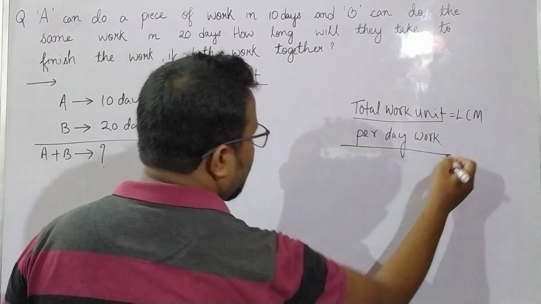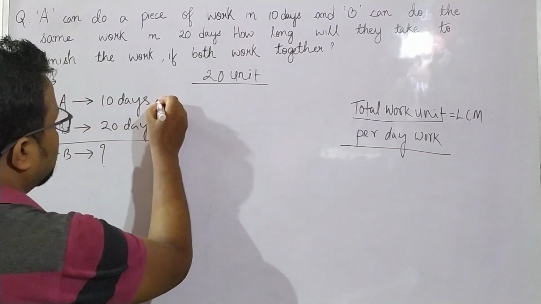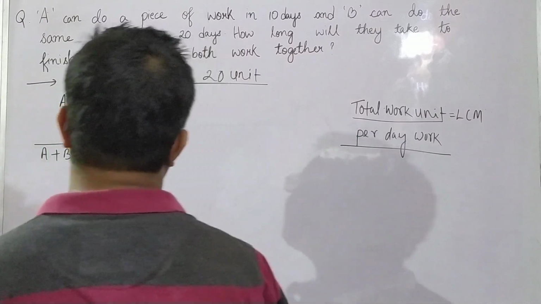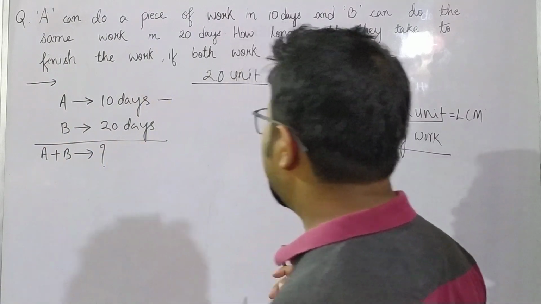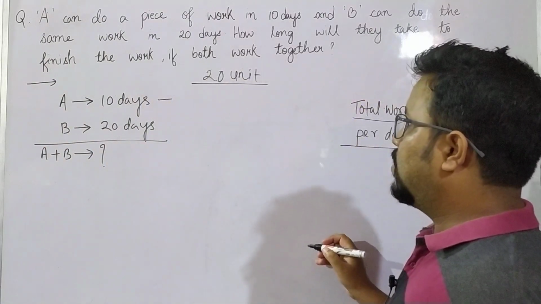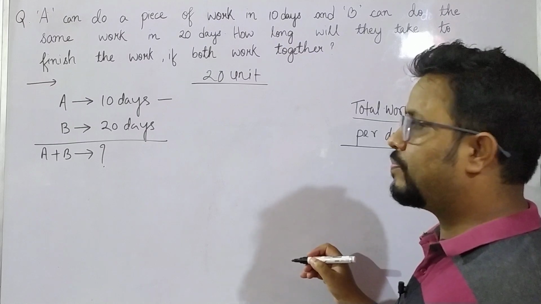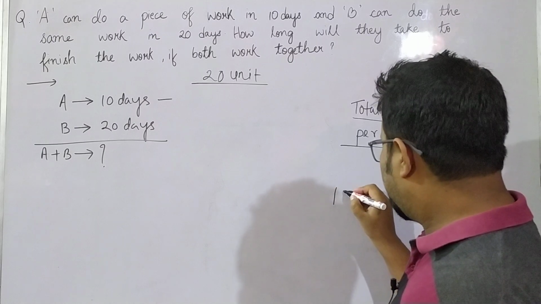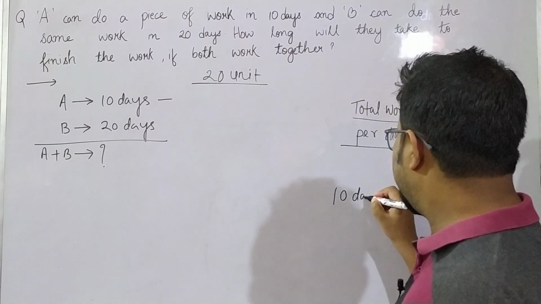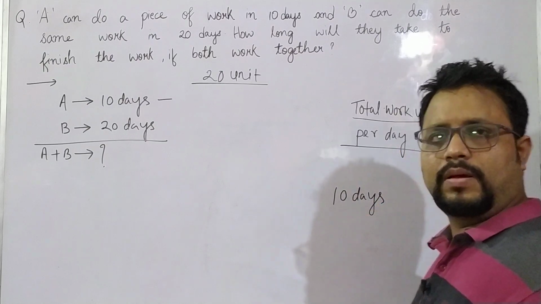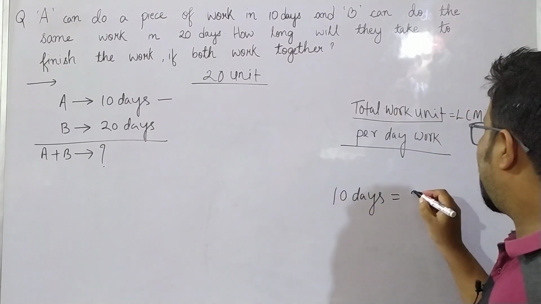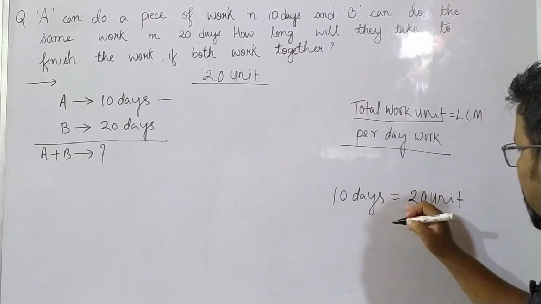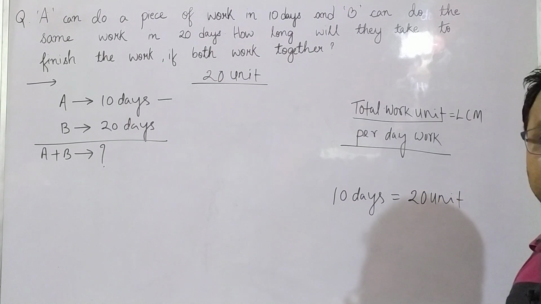Next, per day work of A. Can anyone tell me the per day work of A? In 10 days A has to do 20 units.